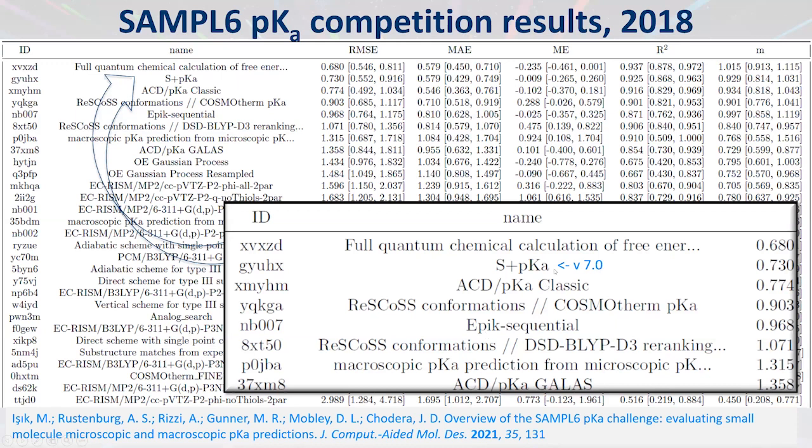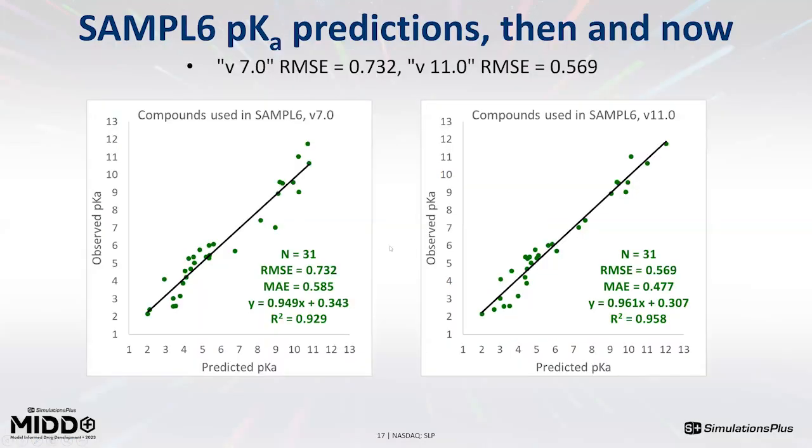Measurements were performed for the 24 compounds, and the statistics were calculated, and we came number 2 in terms of RMSE. Again, that was version 7 of the model. So version 7, again, 0.73, and version 11 improves the quality of prediction to 0.57.